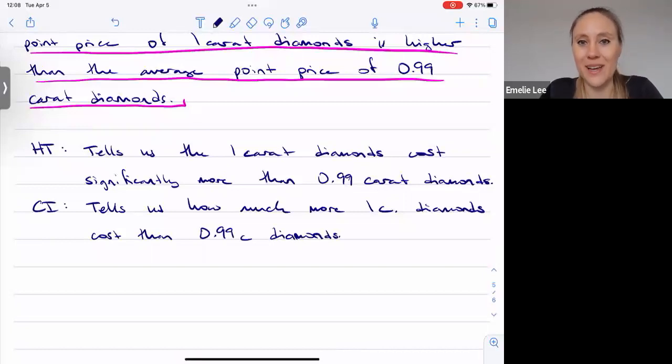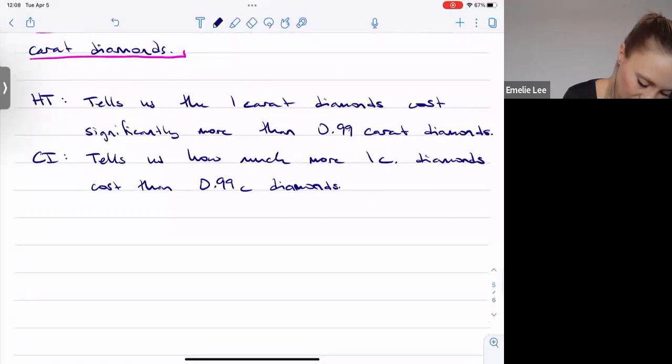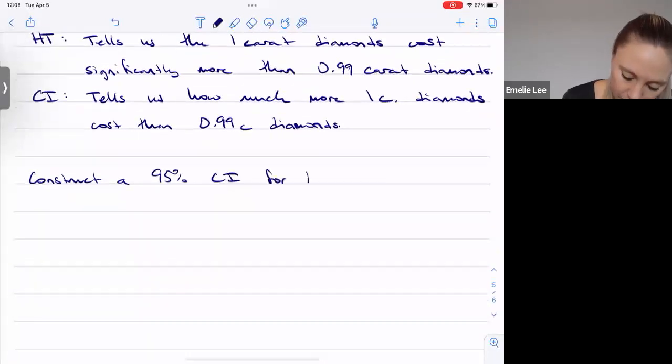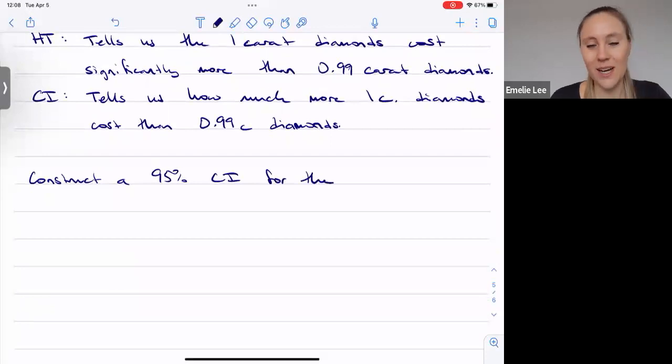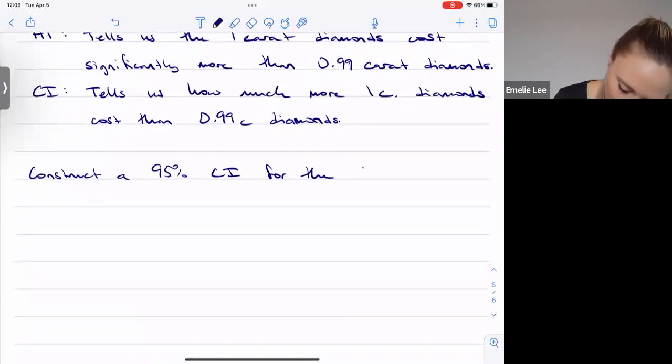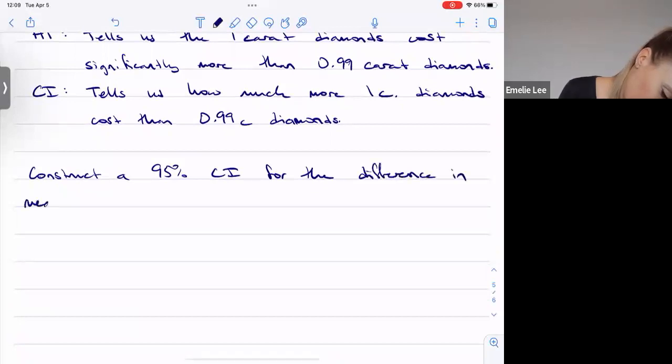So if we were to build a 95% confidence interval, just sticking to the usual here, a follow-up question would be: construct a 95% confidence interval for the difference in mean costs of the diamonds.